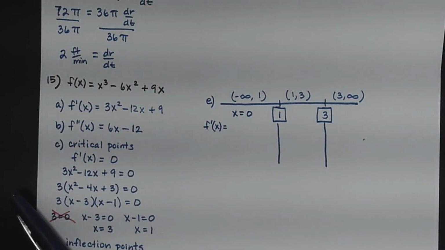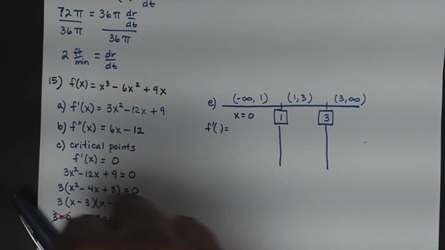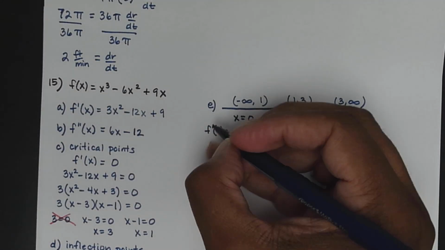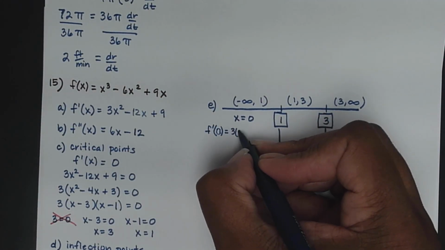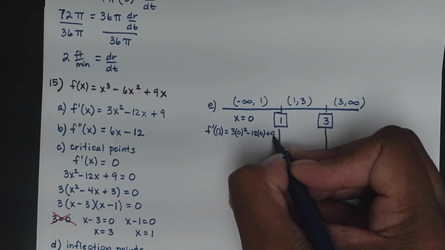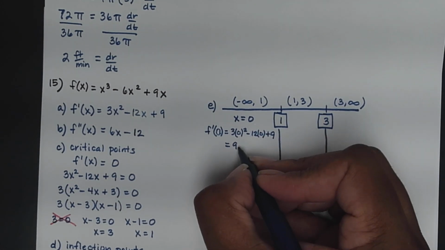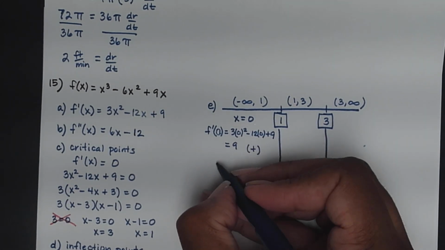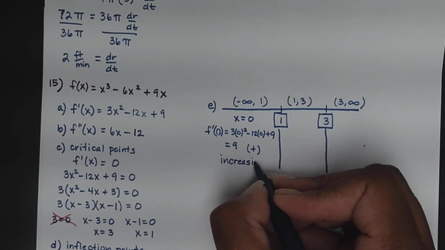So here, f prime of 0 is 3 times 0 squared minus 12 times 0 plus 9. That's 0 plus 9, which will be 9. It is positive, so that means if it's positive on that interval, the function will be increasing.